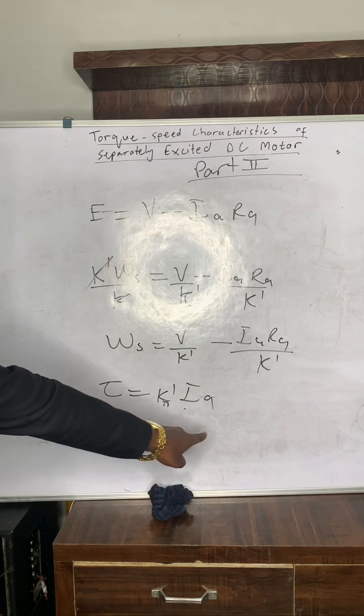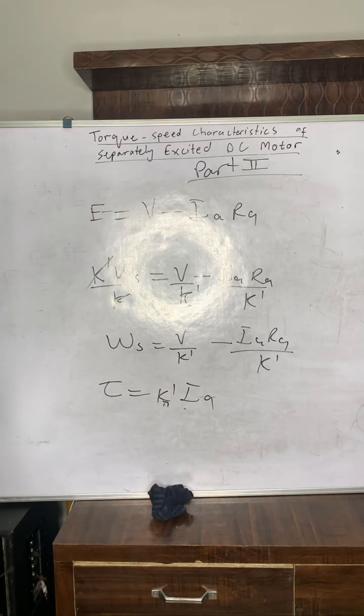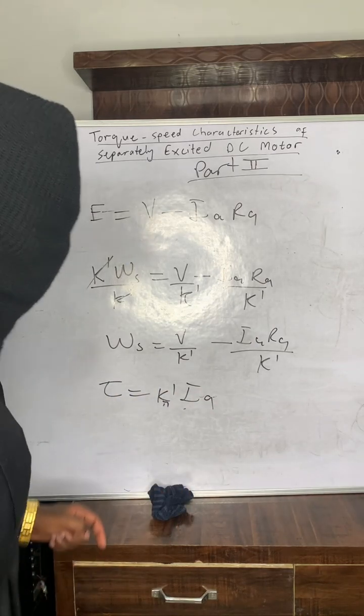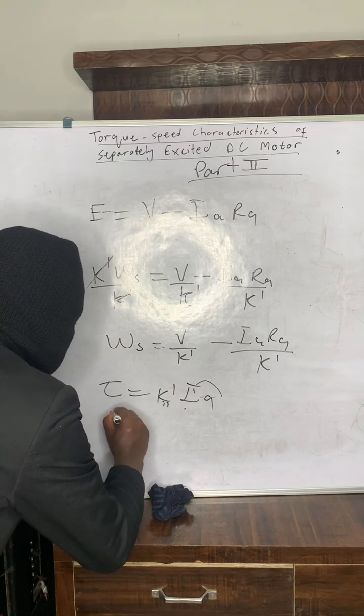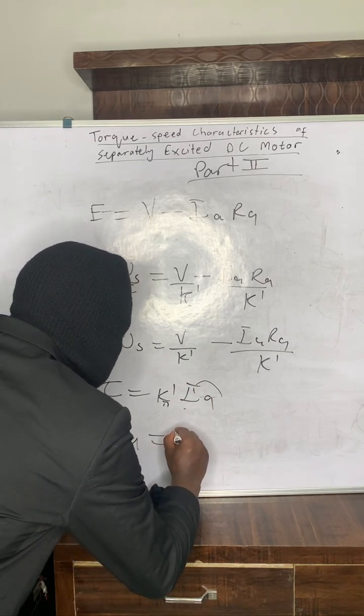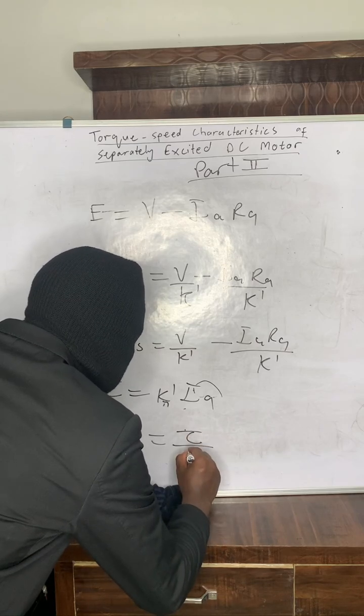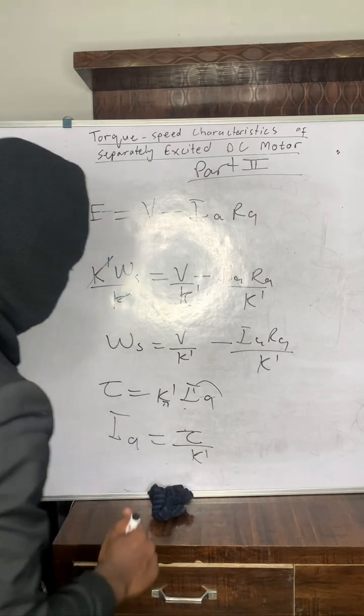Torque is equal to K dash times IA, the armature current. We are going to make IA the subject of the formula. We are going to be left with IA is equal to tau over K dash.